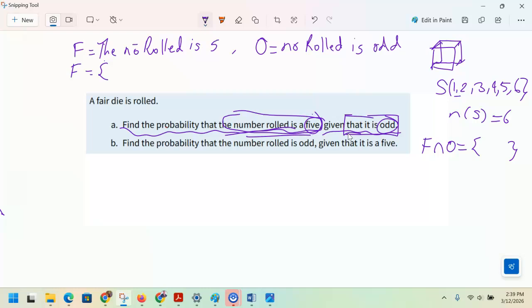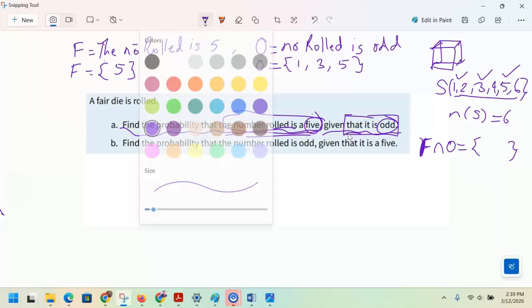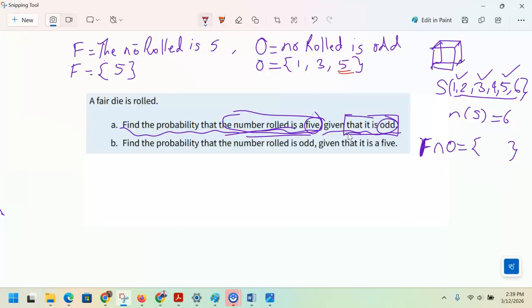In this sample space, the only place where the number is 5 is here. For odd numbers, there are three of them: 1, 3, and 5. Then I want to know how many outcomes are both 5 and odd. The only number common to both events is 5. It shows up in both events.